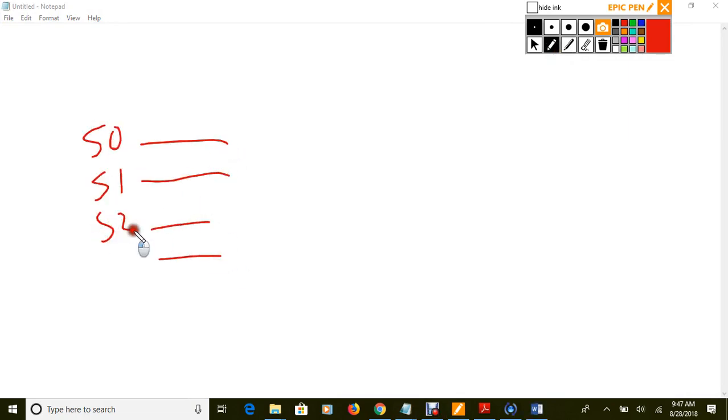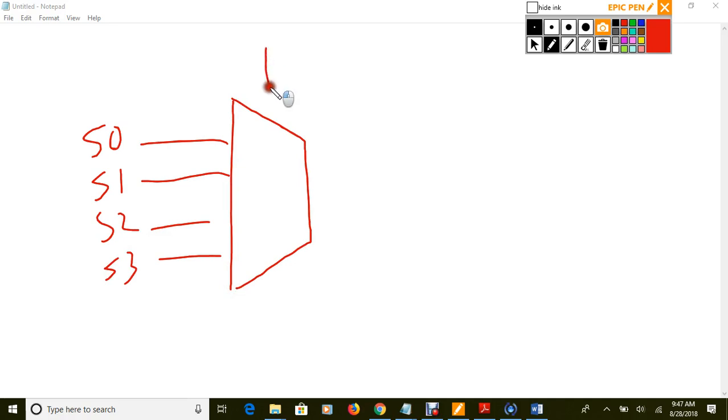All right, so here's the idea of a multiplexer, right? So I have 4 different inputs. We'll call these S0, S1, S2, and S3. And then the device notation looks like that. So I have a 2-bit input, which is typically known as the select line. And so here's the truth table.